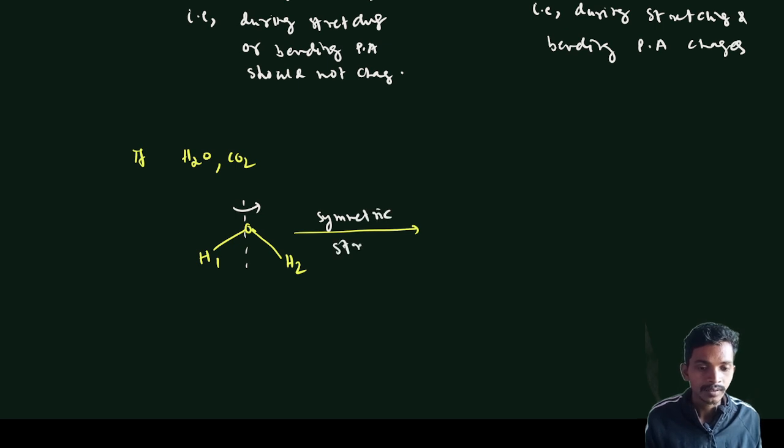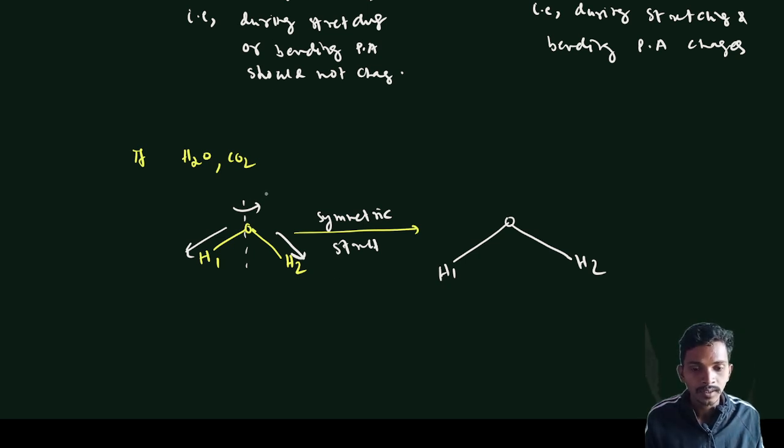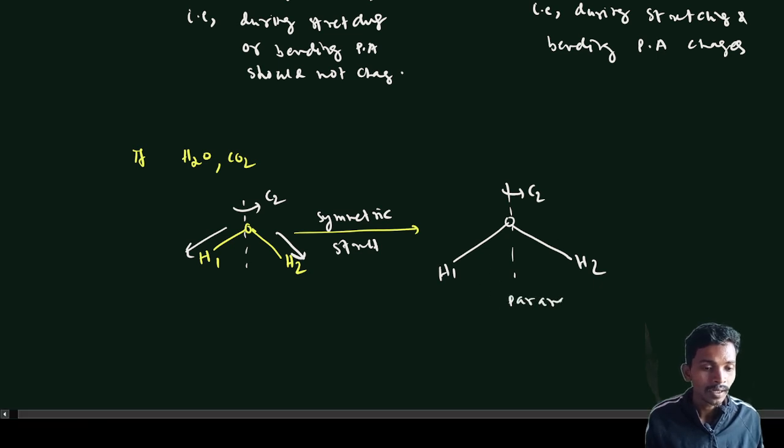If I stretch one bond, I also stretch the other by the same amount, H1 and H2. So what you see here is that the principal axis C2 is present here also. Means if the principal axis is not changing during bending or stretching, then this symmetric stretching is parallel vibrations.